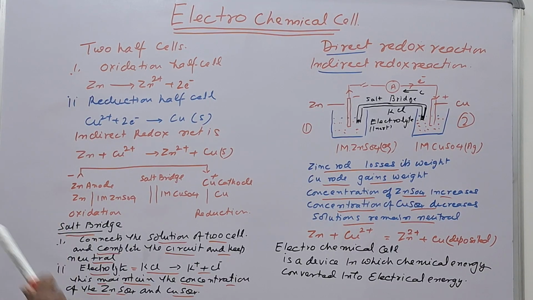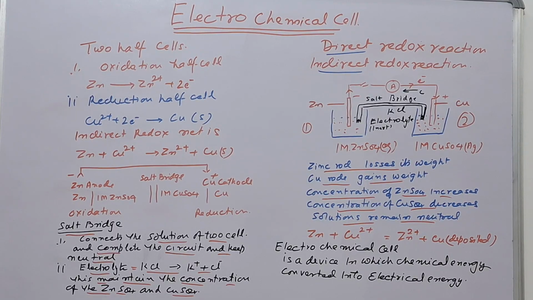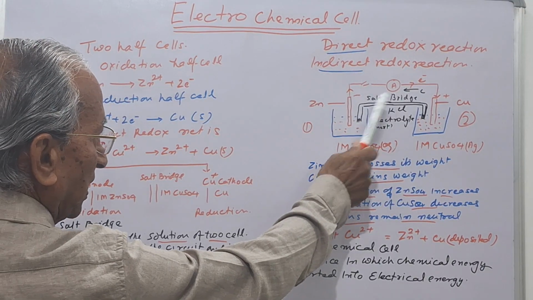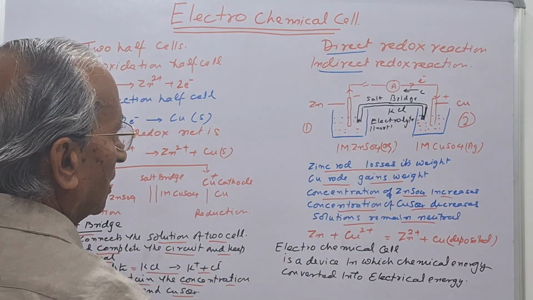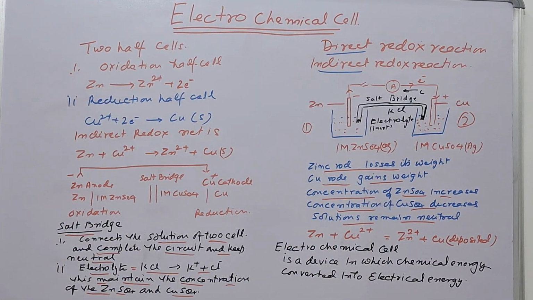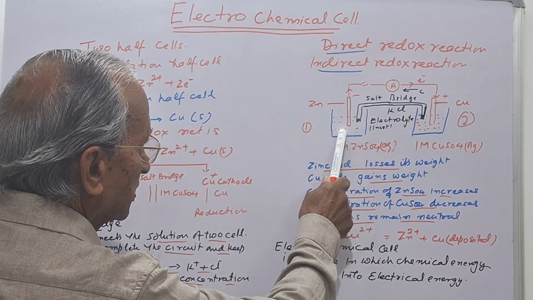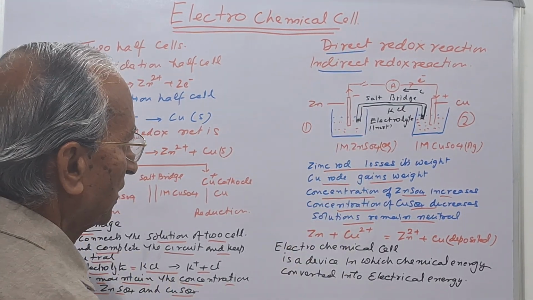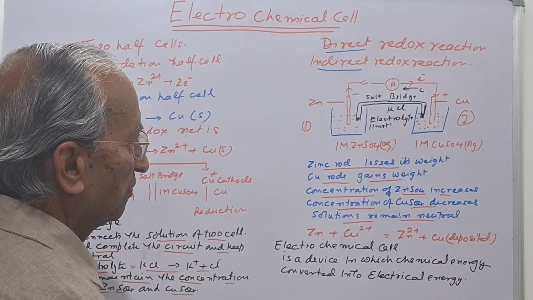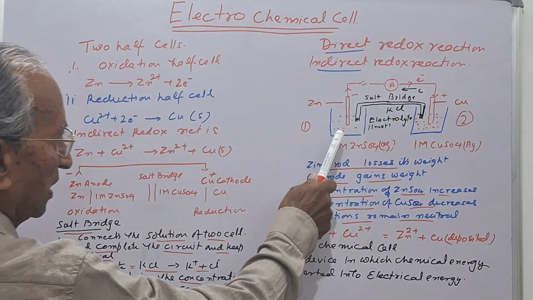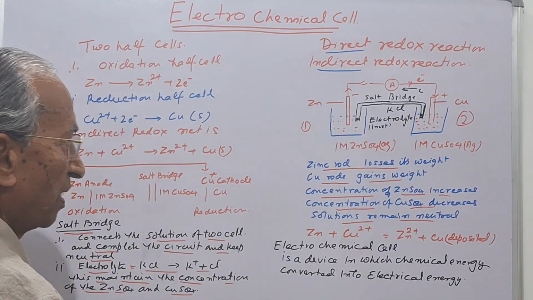Now, the very important thing is, what is the role of the salt bridge? Listen, this salt bridge contains an electrolyte which is inert in nature, that is potassium chloride. Now, listen, here the concentration of the zinc sulfate increases and here the concentration of the copper sulfate decreases. It means here zinc ions increased and here sulfate ions increased.